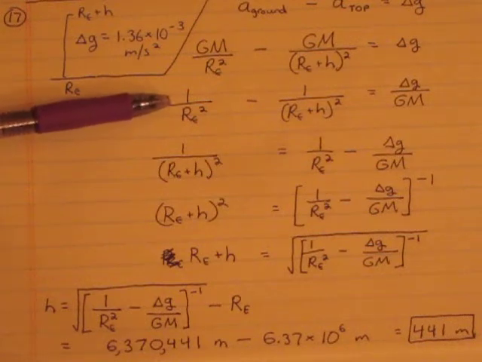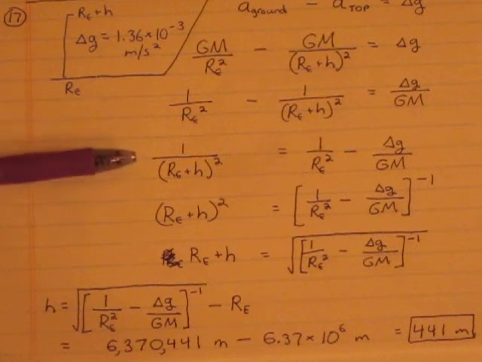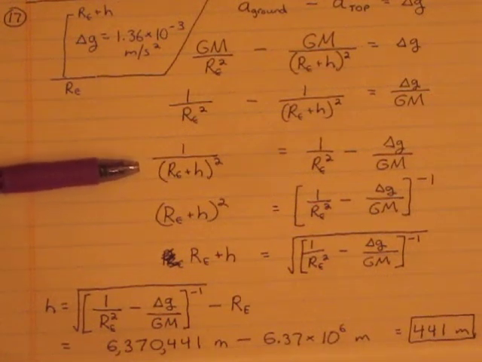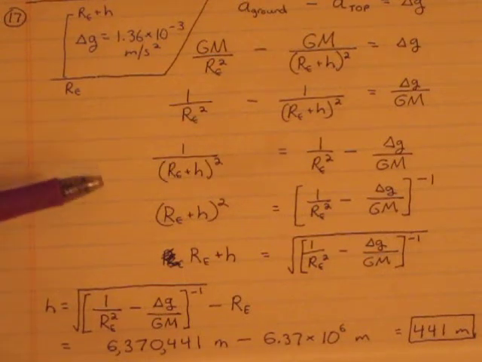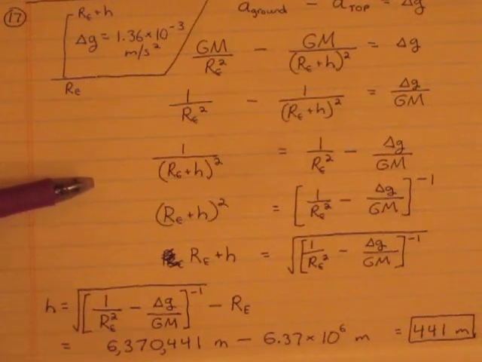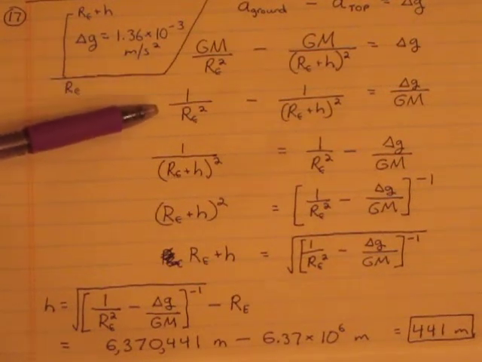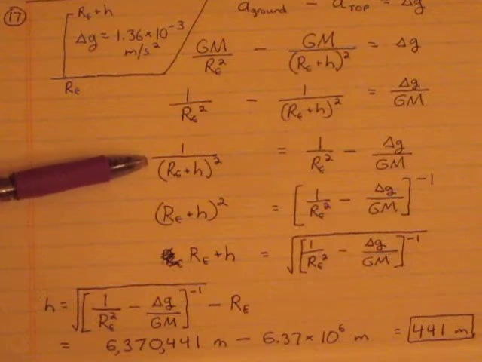I have gotten all the non-h terms over to one side of the equation, so 1 over (Re plus h) squared equals the rest. Pay attention to your plus signs and minus signs. And actually what I've done here, going between this line and this line, I've multiplied both sides by -1 to make this left-hand side positive.